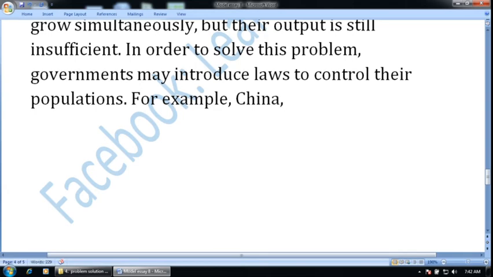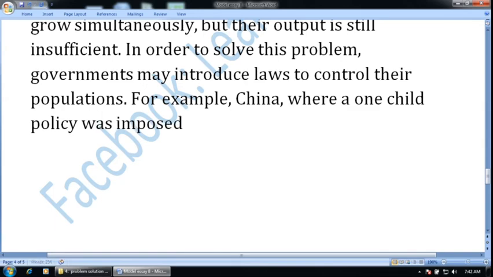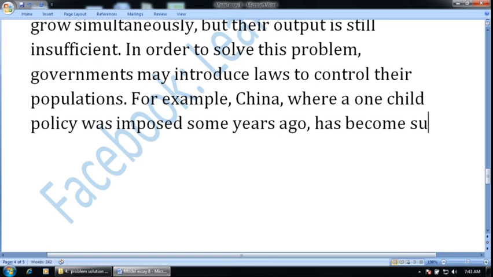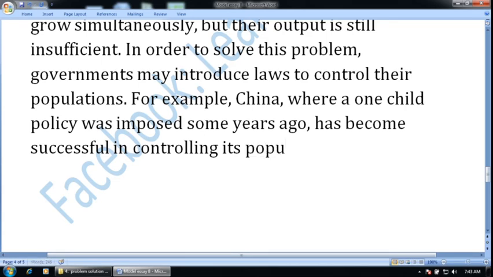China, where a one child policy was imposed some years ago, has become successful in controlling its population.